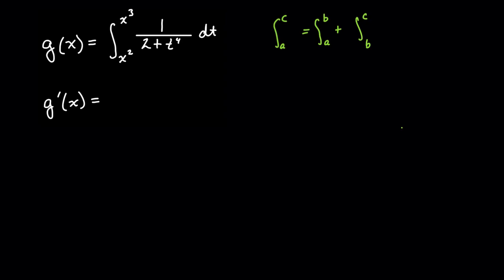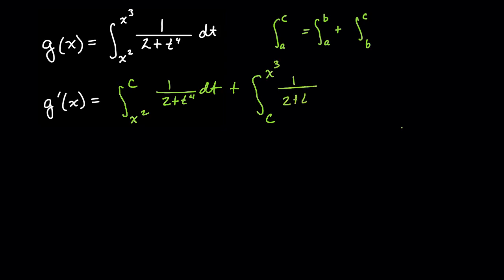So we can rewrite this integral as the integral from x squared to some constant that is in between x squared and x cubed, plus the integral from that constant to x cubed. So whenever you're integrating between two variables like this, this is what you want to do, split it up with a constant in between those two variables.